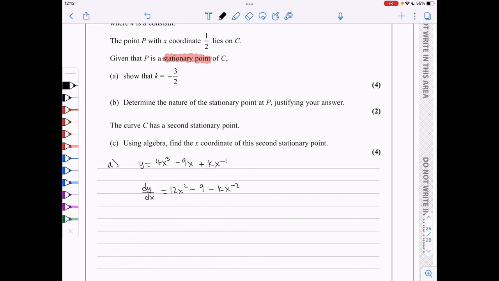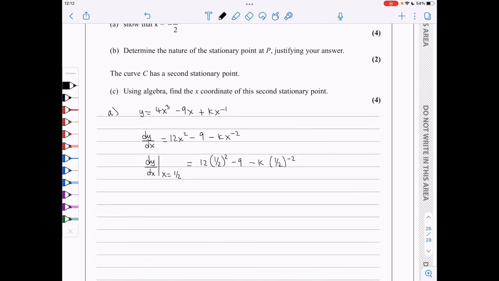Now, P being a stationary point means that when I substitute x is a half into dy dx, I expect an answer of 0. So 12 times a half squared minus 9 minus k times a half to the minus 2 is the expression for dy dx at x is a half.